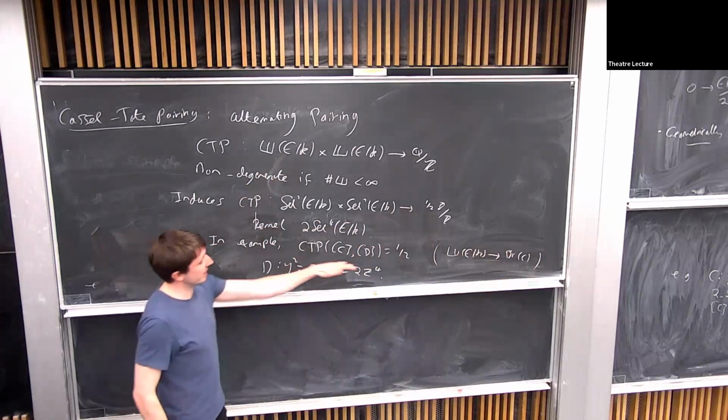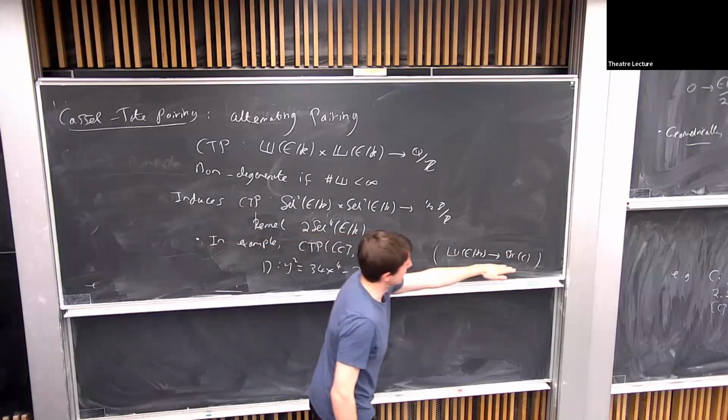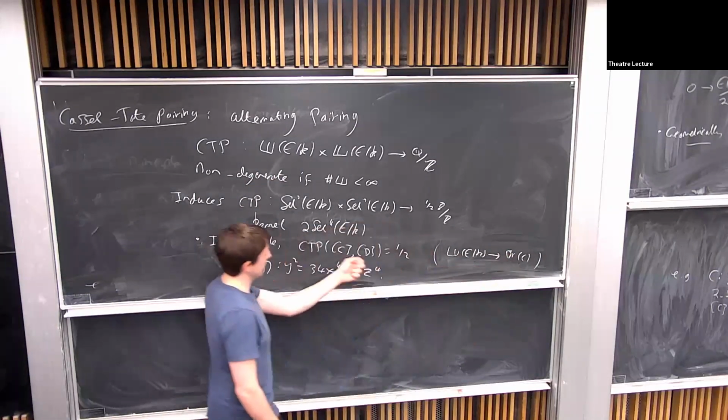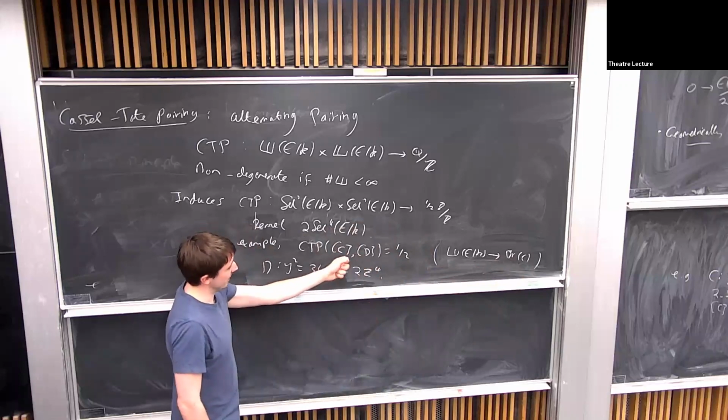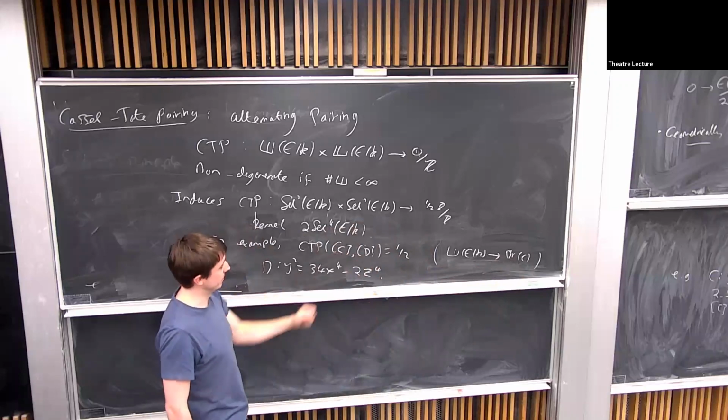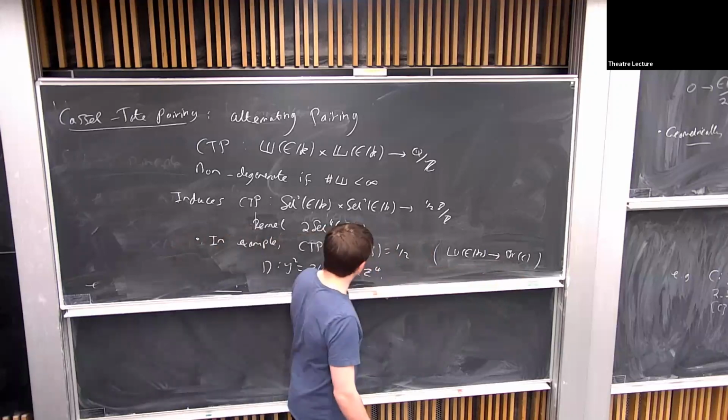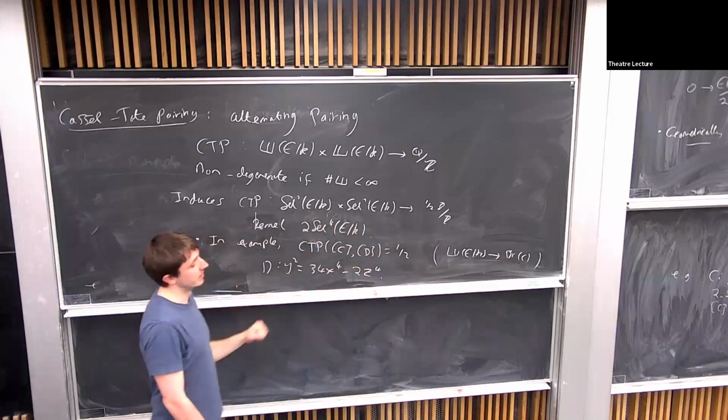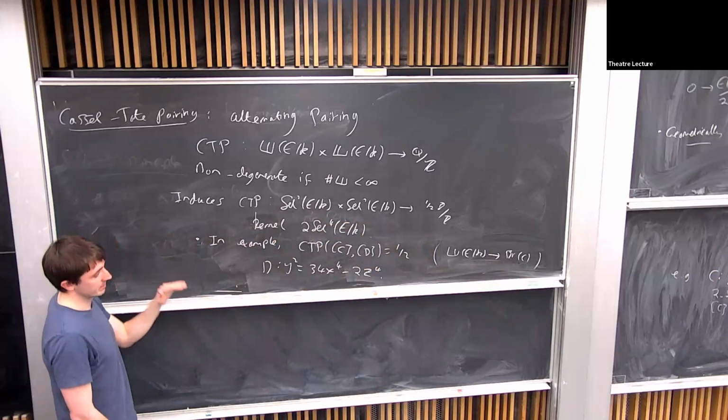And then what this pairing tests is whether the element in the Brauer group of C you get exhibits a Brauer–Manin obstruction or not on this curve C. You evaluate that Brauer element at local points and you sum up the invariants of the elements in the Brauer group at local points.